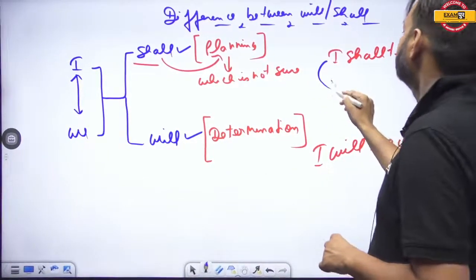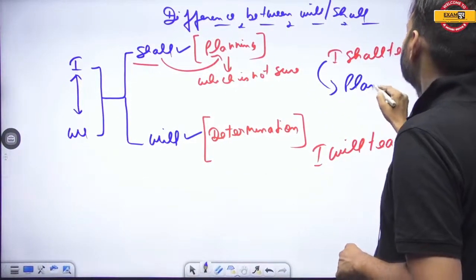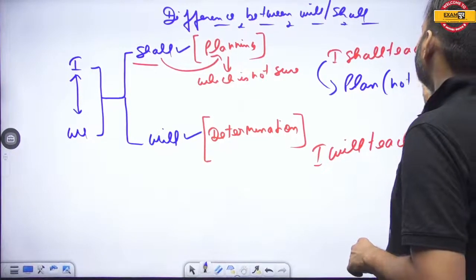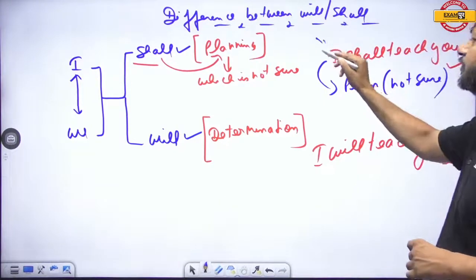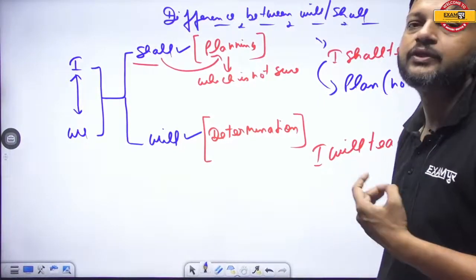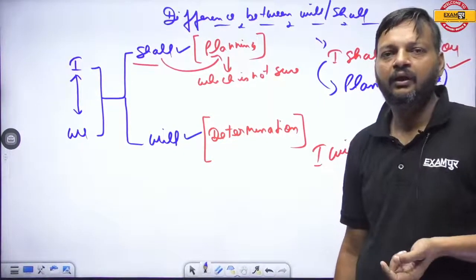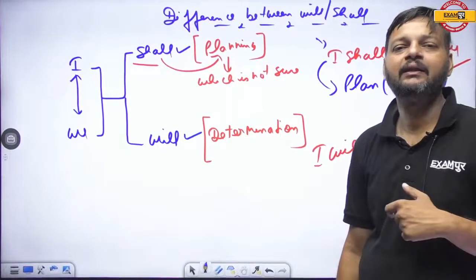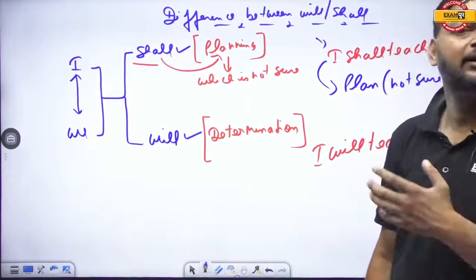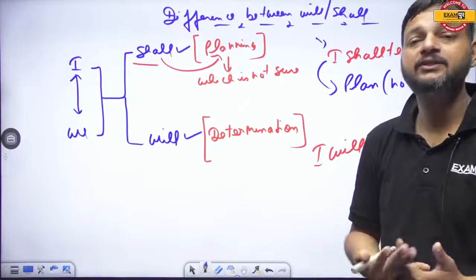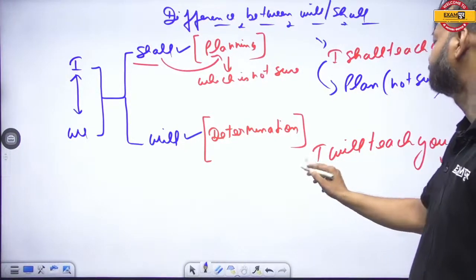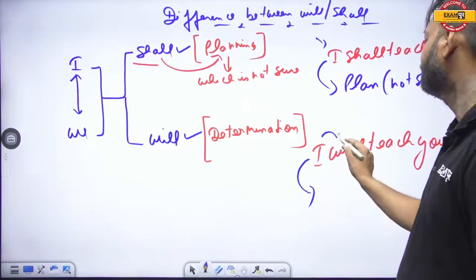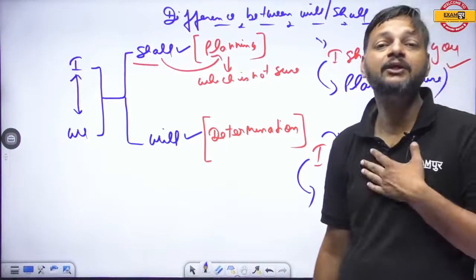Here, this is my plan, not sure. Means, in the first sentence, I do want to teach you, and I have made a plan that I shall teach you, but it is not sure. It may be changed. Okay, but when I write I will, this shows my determination.